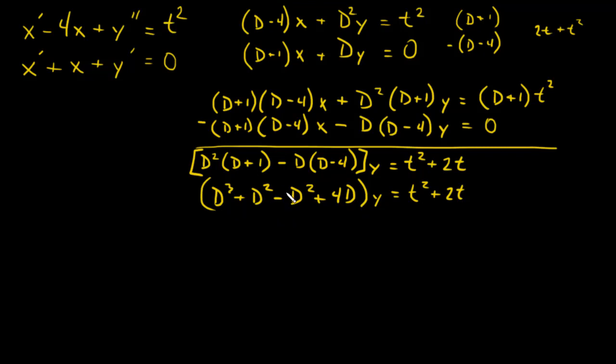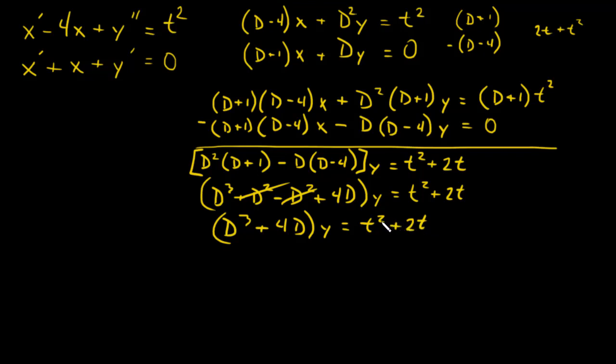Okay, so this d squared and the negative d squared are gone. I'm going to be left with d cubed plus 4d times y equals t squared plus 2t.